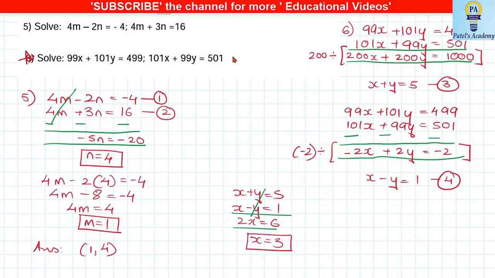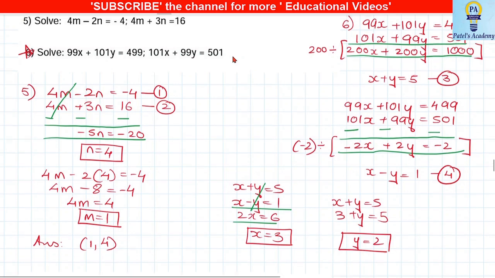I will substitute x equals 3 in any one of the equations, so I get the value of y as 2. So (3, 2) is the solution. Very important sum.